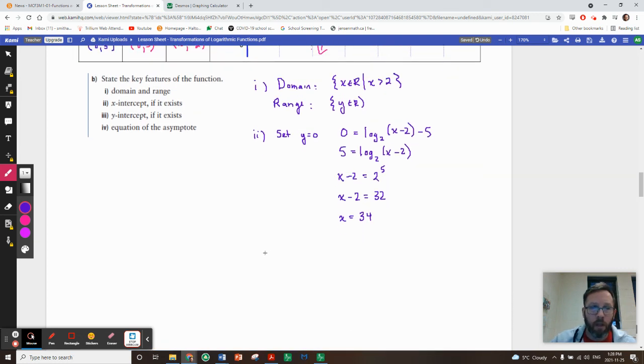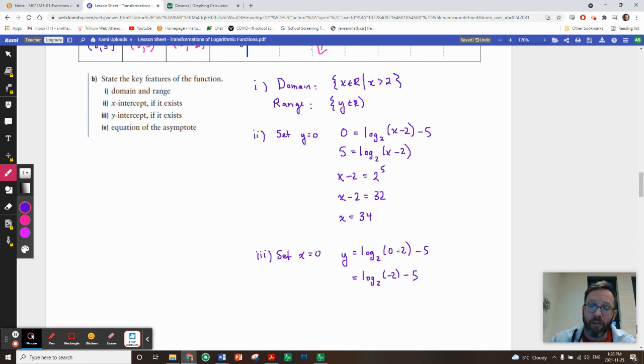For the y-intercept, we'll set x equals 0 and see what we get for y. Y equals log base 2 of 0 minus 2, minus 5. So log base 2 of negative 2, minus 5. Remember what log base 2 of negative 2 is asking for: 2 to what exponent gives you negative 2?